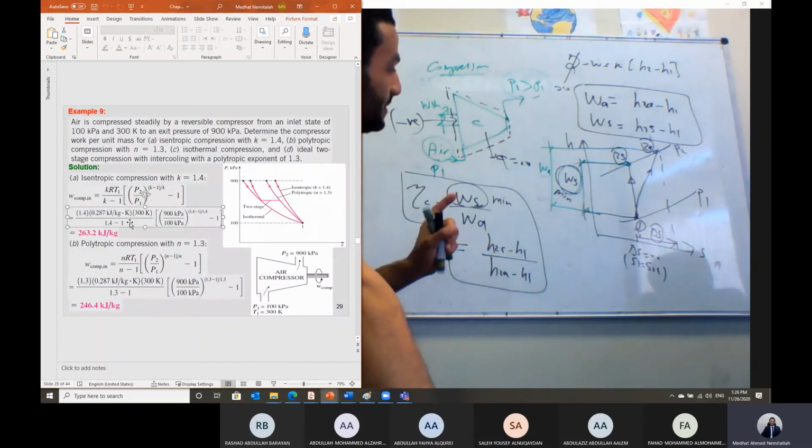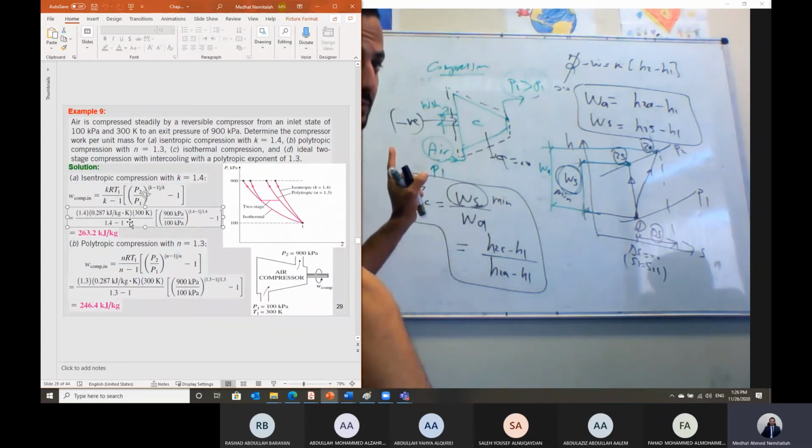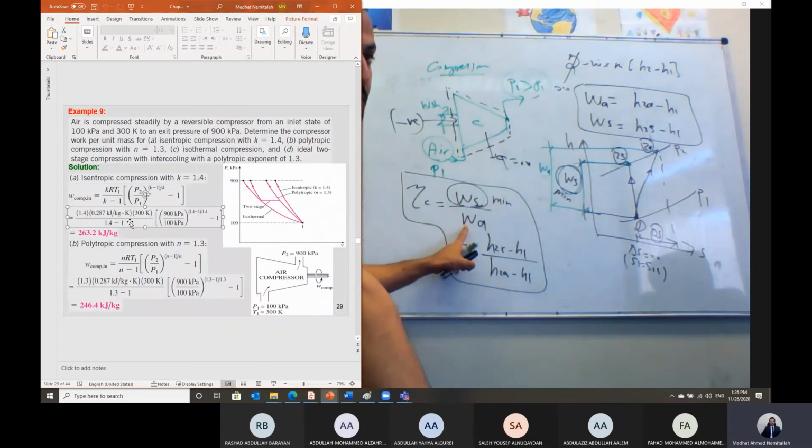Okay, so the isentropic efficiency of the compressor is the isentropic work, which should be the minimum as it is reversible, divided by the actual work. There is another efficiency which is called the isothermal efficiency, which is the ratio between what? Not the isentropic work, because the isentropic work is not the minimum.